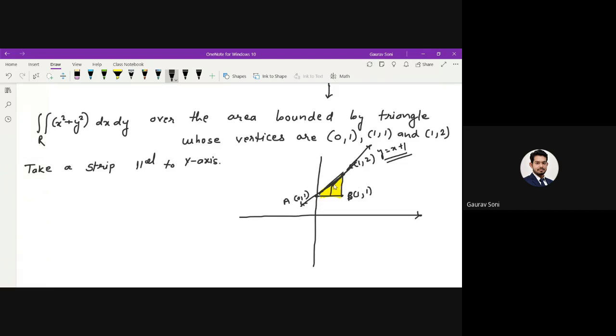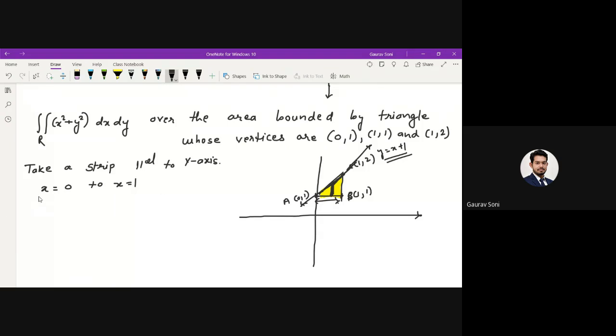When you take a strip parallel to the y-axis, you need to define the range over which you can move it in your region. So I can move this strip horizontally from x equal to 0 to x equal to 1.